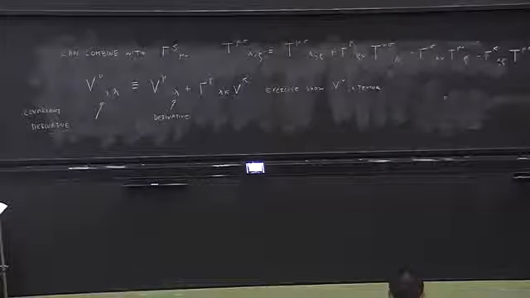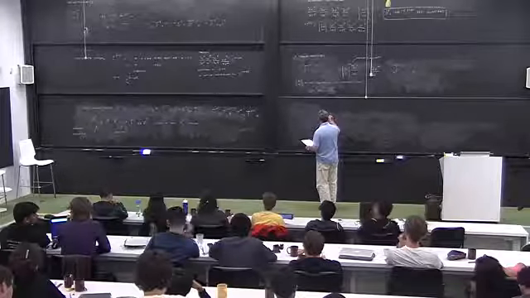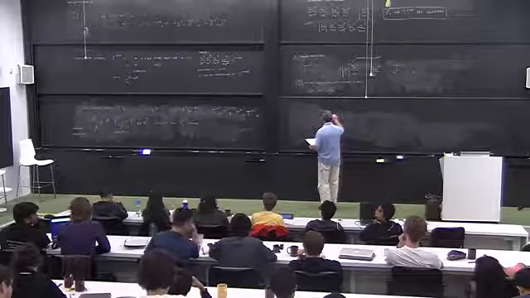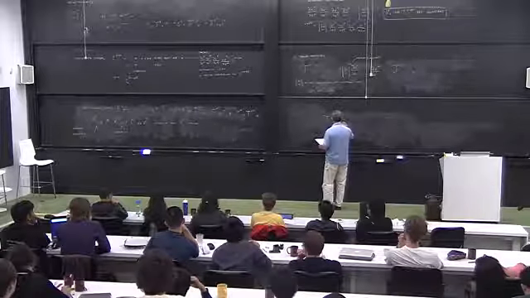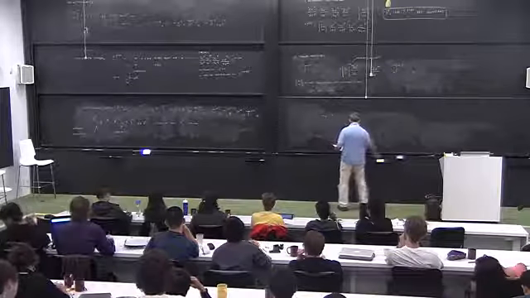Now, what about a tensor density? Let me just do it with two indices, and then you'll get the drift.